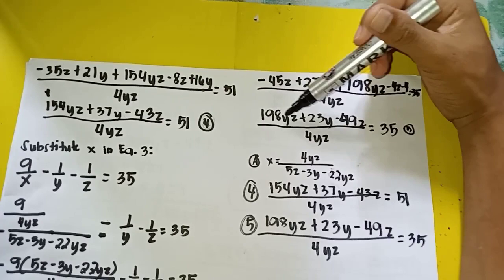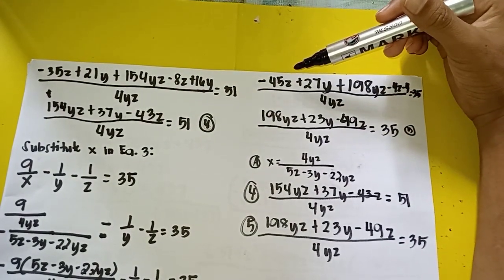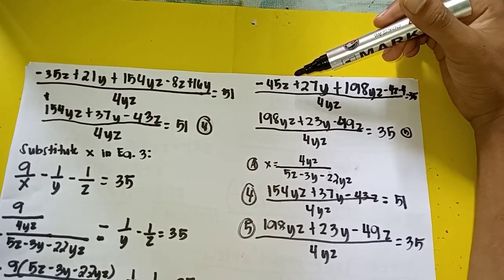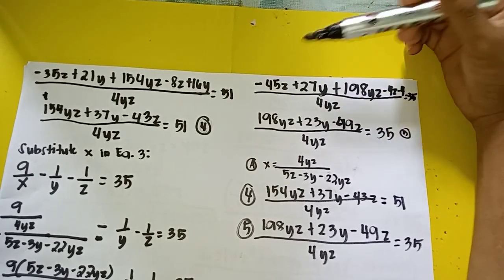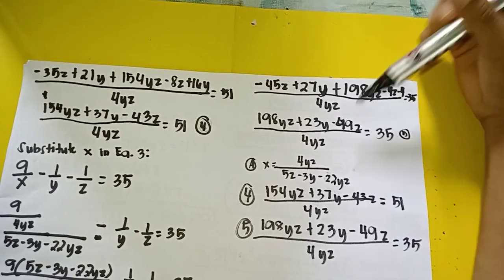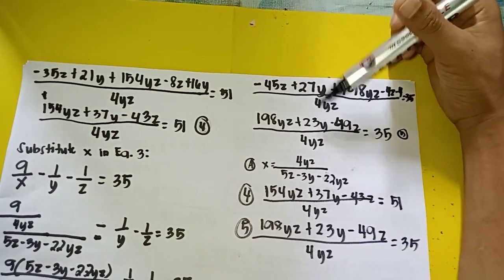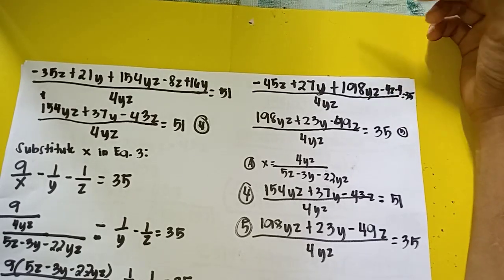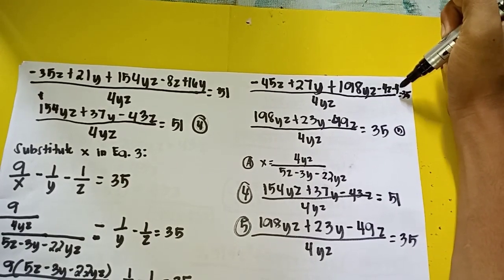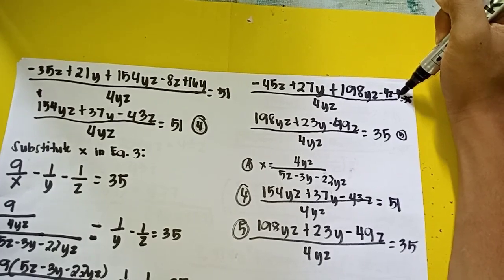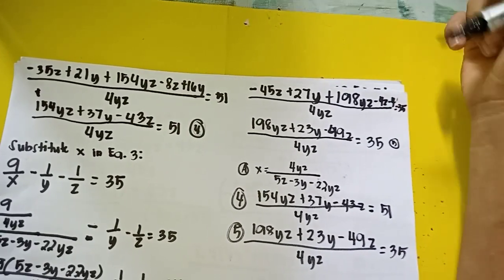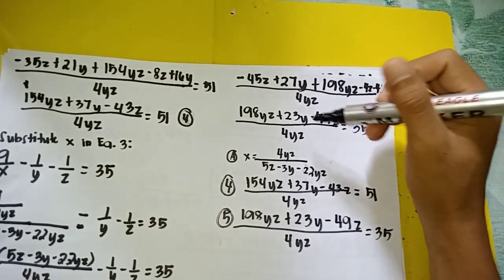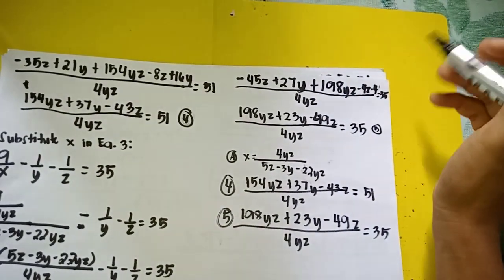Copy 198yz, and then negative 45z minus 4z is negative 49z, and then 27y minus 4y is 23y, over 4yz equals 35.